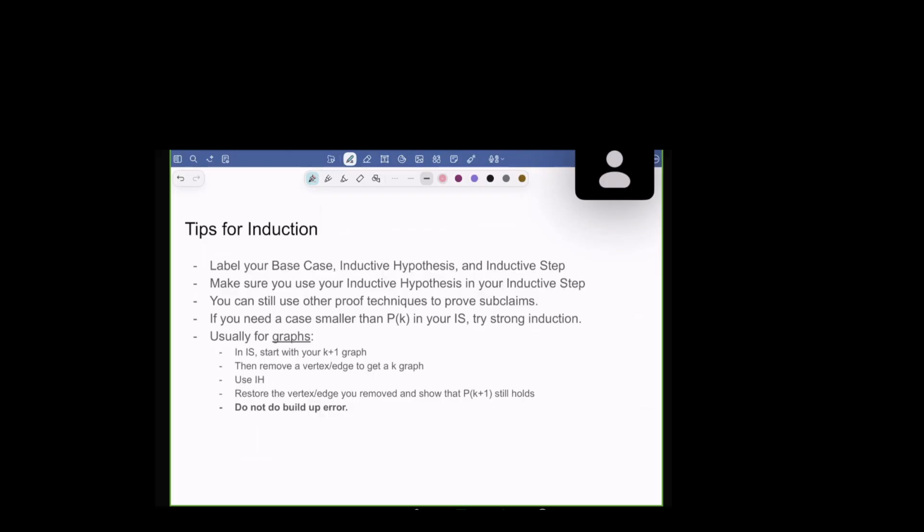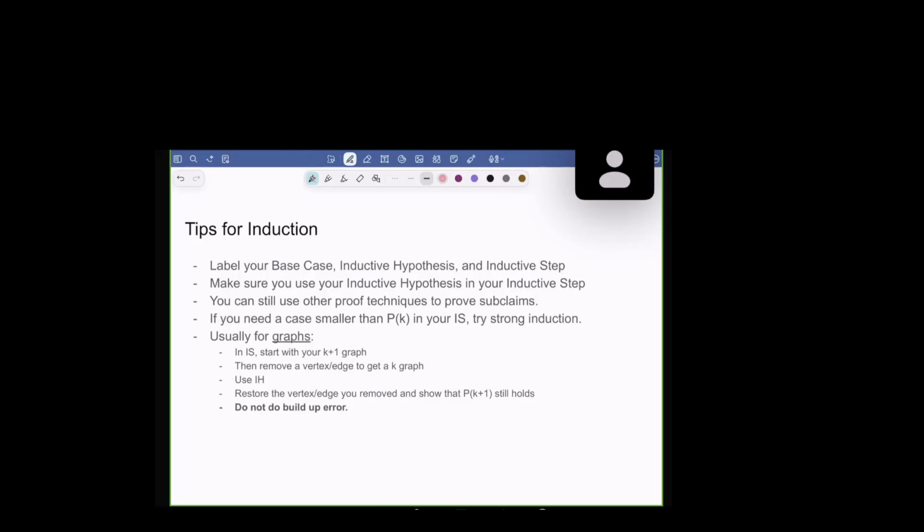Usually for graphs, I think Leary will go into this more in depth later, you want to start with a k plus 1 graph, then you remove a vertex or an edge to get a k graph, and then you say that that's valid because of your inductive hypothesis, and then you restore the vertex and edge and show that that case also is valid for P of k plus 1.